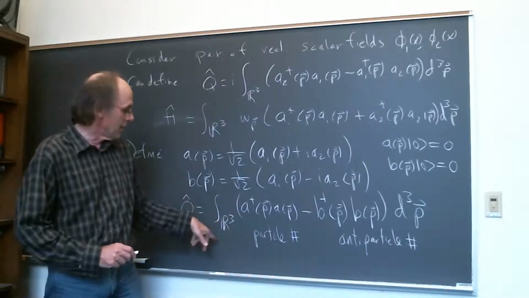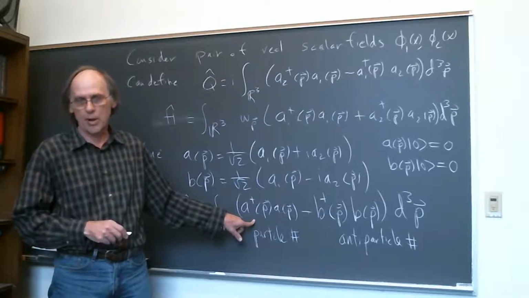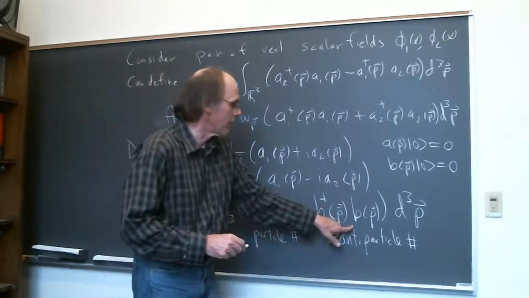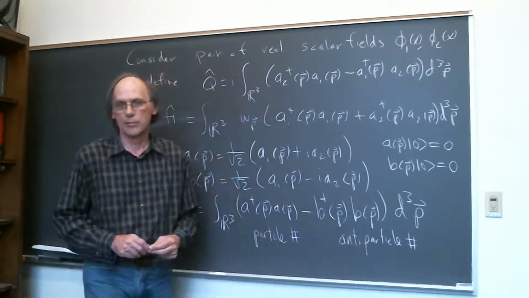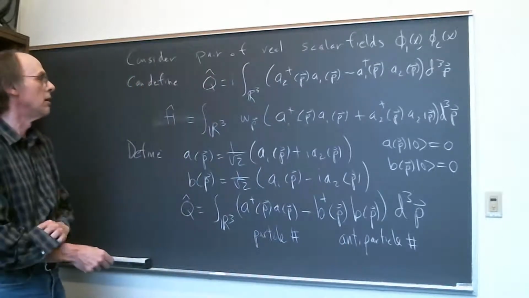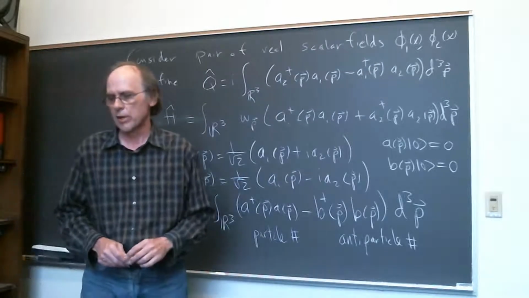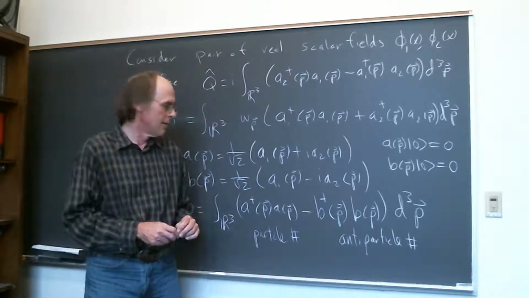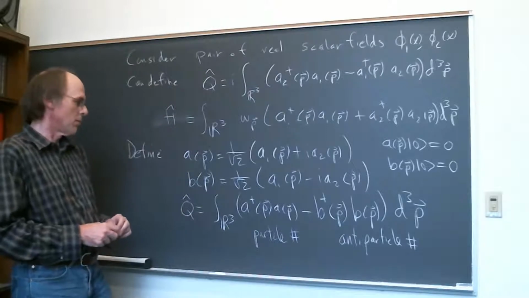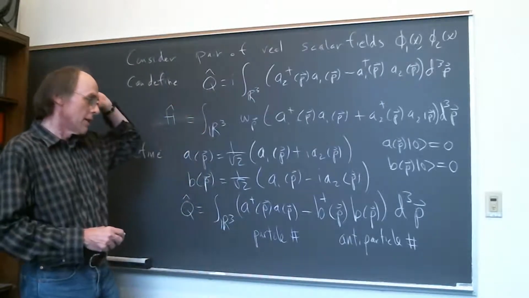You would say these have charge 1, you get 1 for each extra particle quantum, and you get -1 for each antiparticle quantum. Okay, so that's the general story. There are various other ways of thinking about it, which I put in there. I'm not sure, but this is probably about as simple as you can make it.